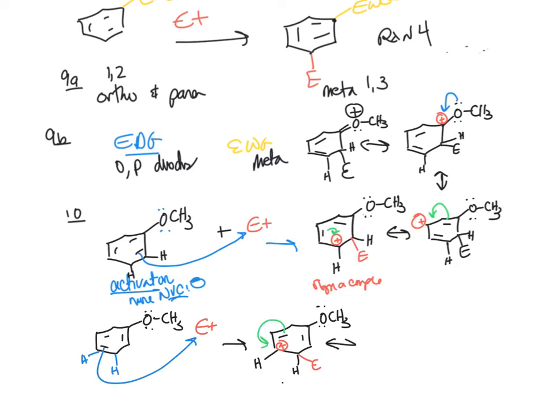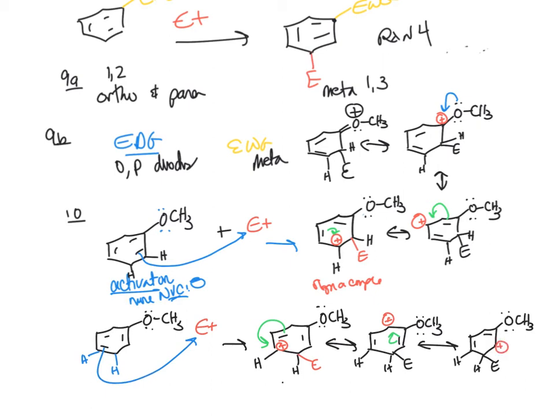So let's draw our resonance structures. We have our sigma complex there, and we have this one. Now, do you see that the lone pair on the oxygen was never able to donate its electrons into the ring when it was meta?